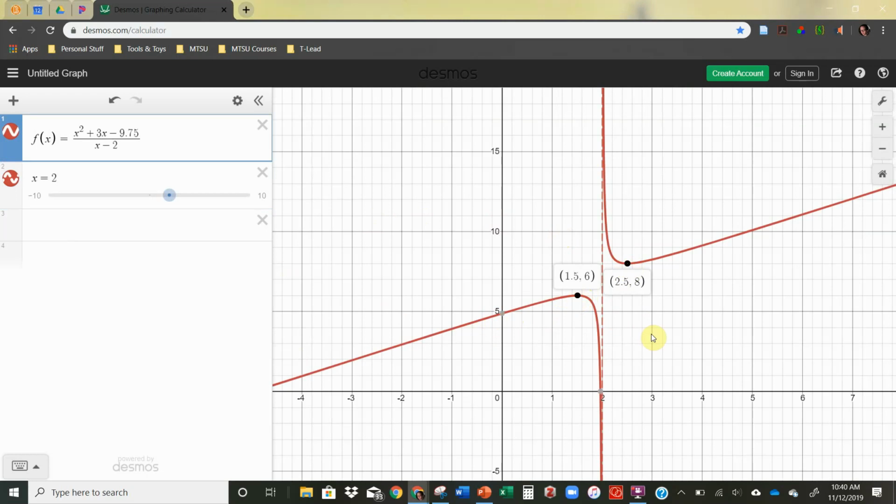If we look to the right, there are many more extreme maximum outputs than this 1.56, and many more minimum outputs than this 2.58. So this is a local maximum, this is a local minimum.